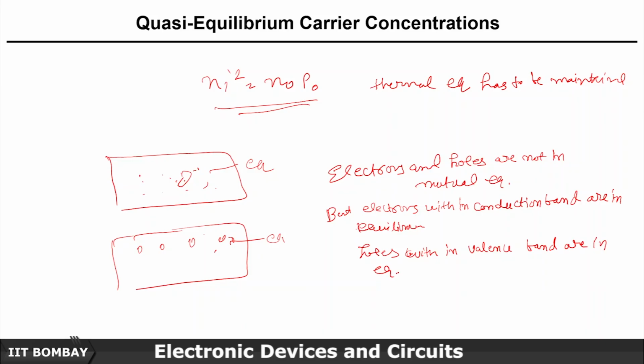Okay, but electrons and holes are not in equilibrium with respect to each other. Individually they are in equilibrium.